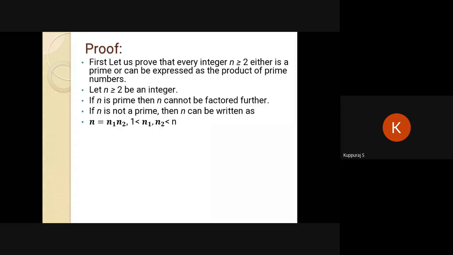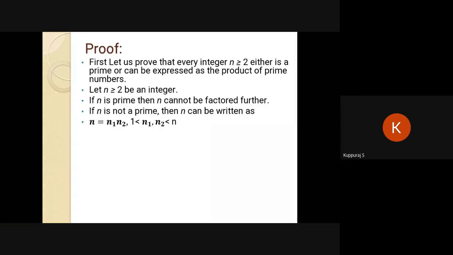Because a prime number means the only factors are 1 and itself. Composite means it has at least two factors other than one. So I can write n equal to n1 into n2, with 1 less than n1, n2 less than n.